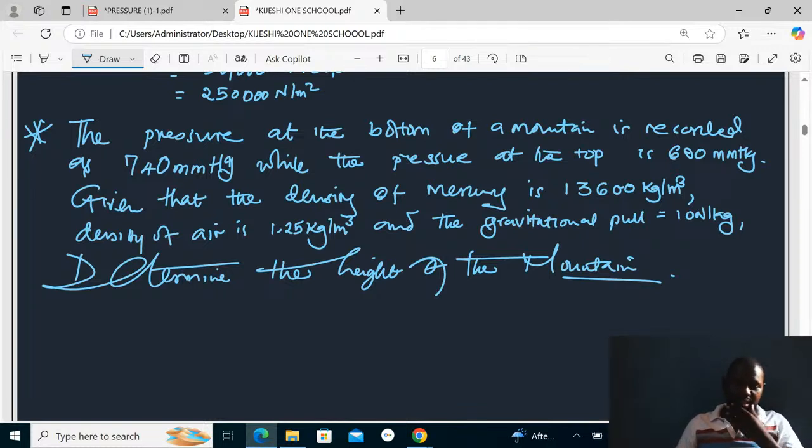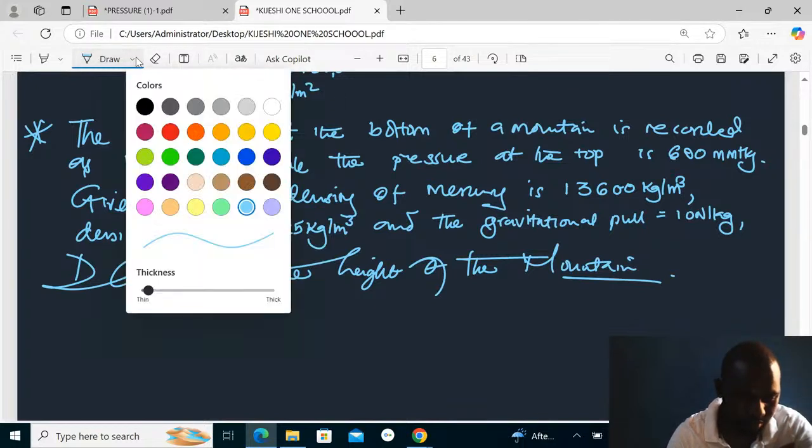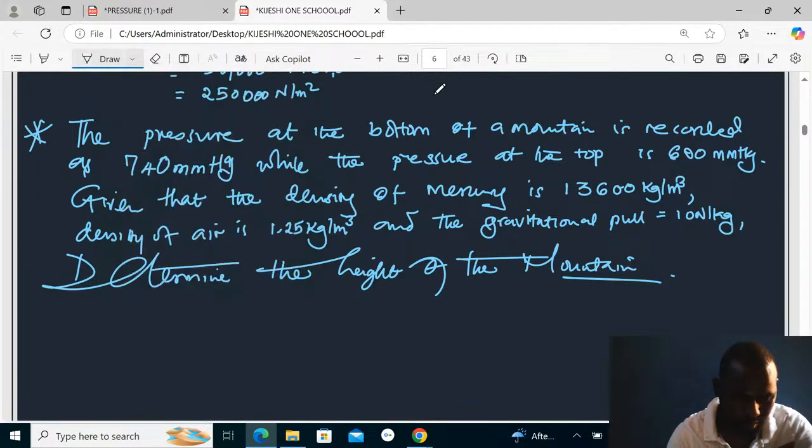This is just an application question. Then you can solve it very fast.